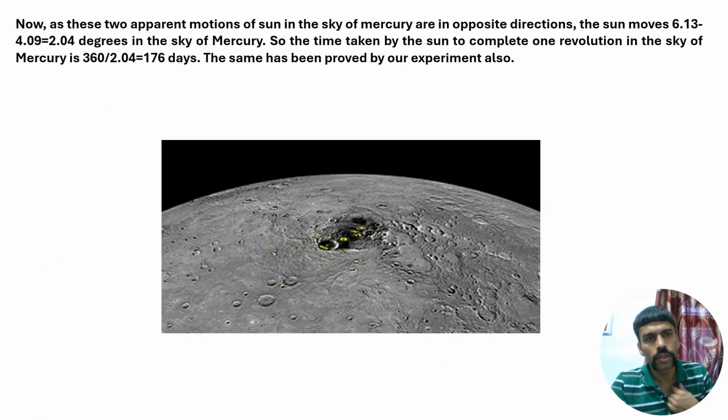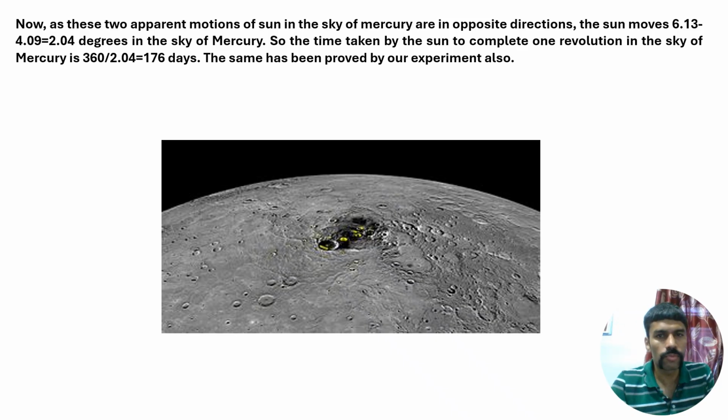Now, as the two apparent motions of the sun in the sky of Mercury are in opposite directions, the sun moves 6.13 minus 4.09, which is approximately equal to 2.04 degrees per day in the sky of Mercury. So, the time taken by the sun to complete one revolution in the sky of Mercury is 360 divided by 2.04, which is equal to 176 days.